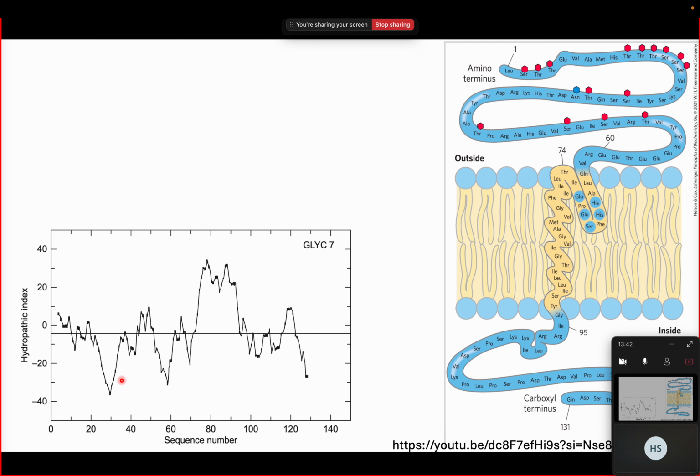So if the index is negative, it indicates that the residues are hydrophilic in nature, and their chances of being in the membrane will be very low. Okay. So I hope this was clear. Even in future, when you see a stretch of amino acids which are highly hydrophobic in nature.